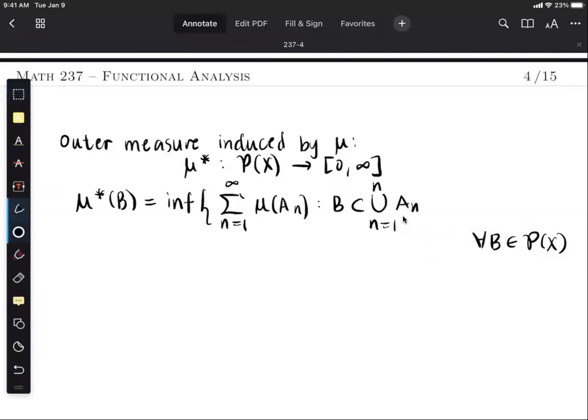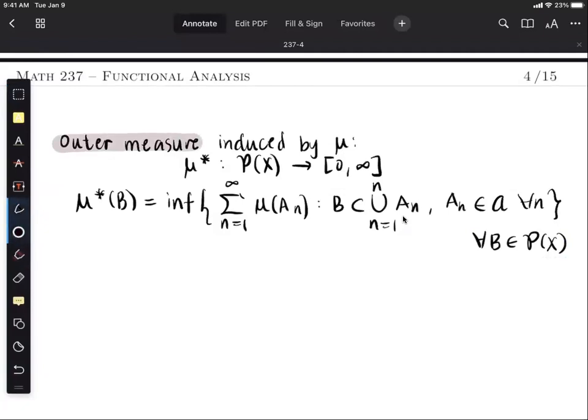Okay, so let us write that down. A sub n is in A for all n. So that is the outer measure induced by a pre-measure.